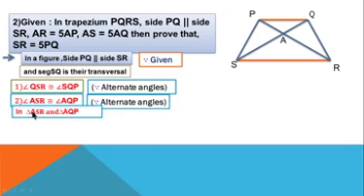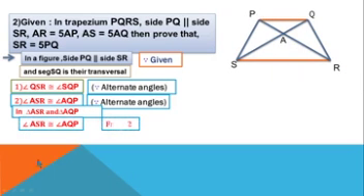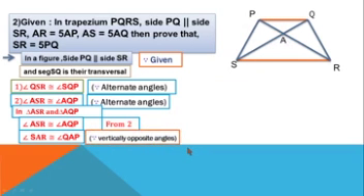In triangle ASR and triangle AQP, angle ASR is congruent to angle AQP from this statement. Angle SAR is congruent to angle QAP, vertically opposite angles.